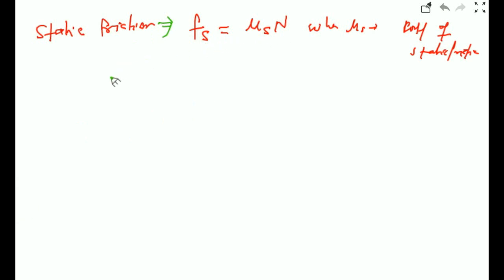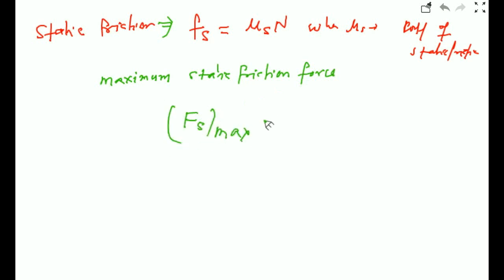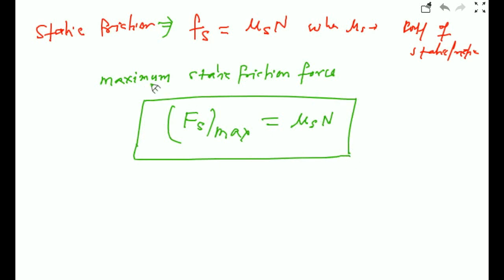My thought is that mu_s into N is the maximum static friction force, F_s maximum. This is very important, because in many books and materials static friction is written as mu_s into N, but it is the maximum static friction force that is mu_s into N. Static friction is not always mu_s into N.